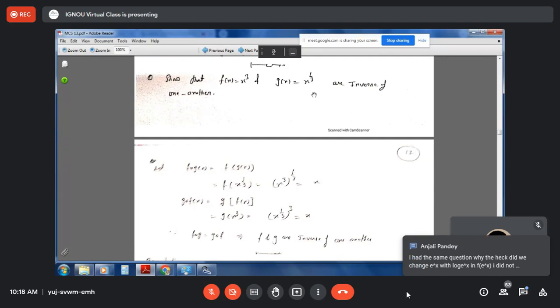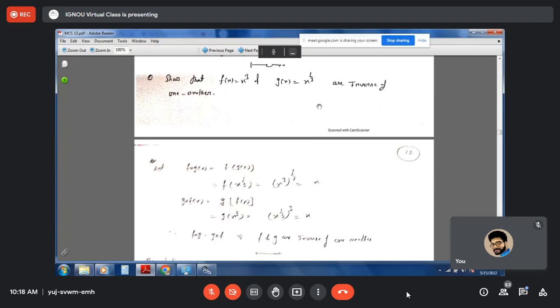It is x raised to the power 1 by 3 whole cube. Again it is equal to x. So we write fog is equal to gof. Therefore, f and g are inverse of one another. The working was totally same, only the last line had a different statement.